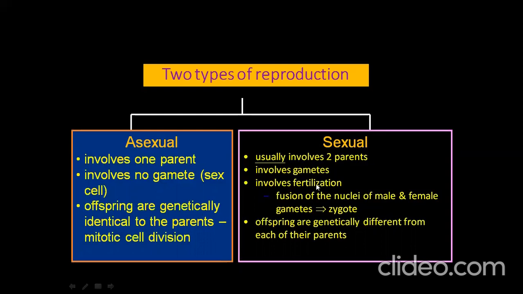One gamete will be produced by the female, while the other will be produced by the male, and both will fuse. That will form a zygote. And you know, the gametes are formed by the process of meiosis. We already discussed meiosis in detail in the inheritance chapter.